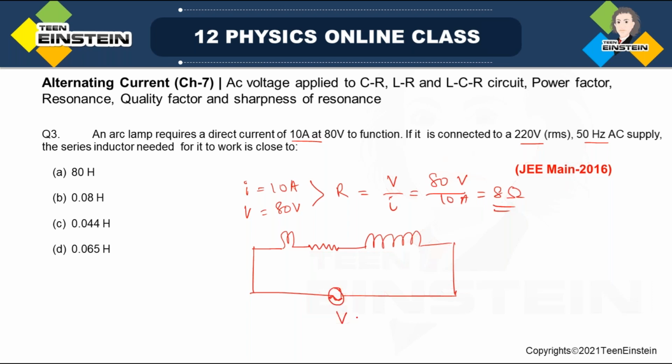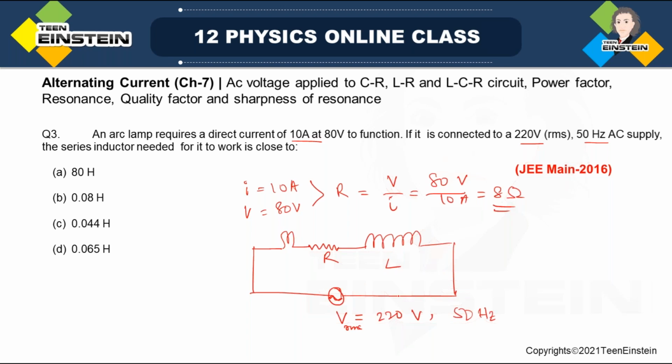So this has V equal to 220 volt RMS voltage and 50 hertz AC supply. In this case you have to find out the value of L. R we have already obtained for this lamp. We have to find out L.